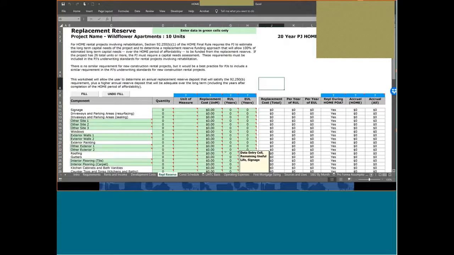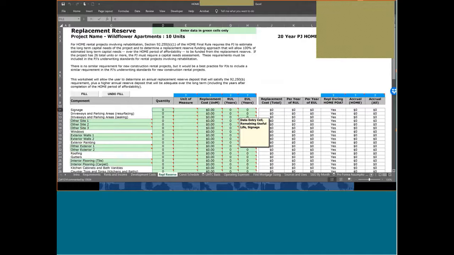This is a worksheet in the model that allows you to do a simple estimate of reserve requirements. I'm going to do a sample input for one row, and then I'm going to go to my automated fill to show you what it looks like in total. So remember, this is a new project, new construction, and the HOME period of affordability is 20 years.